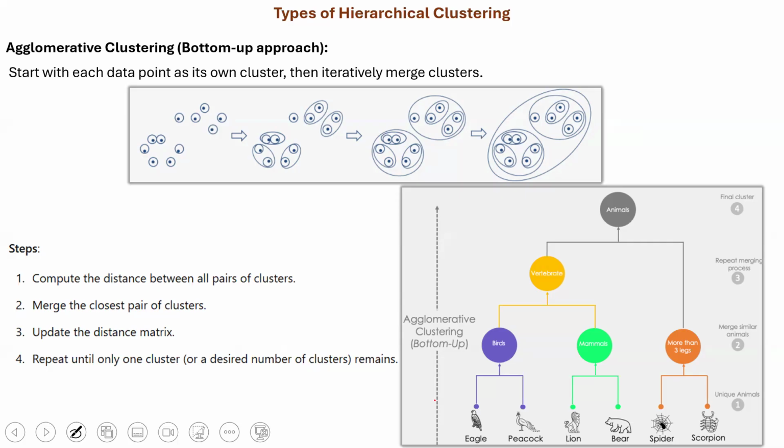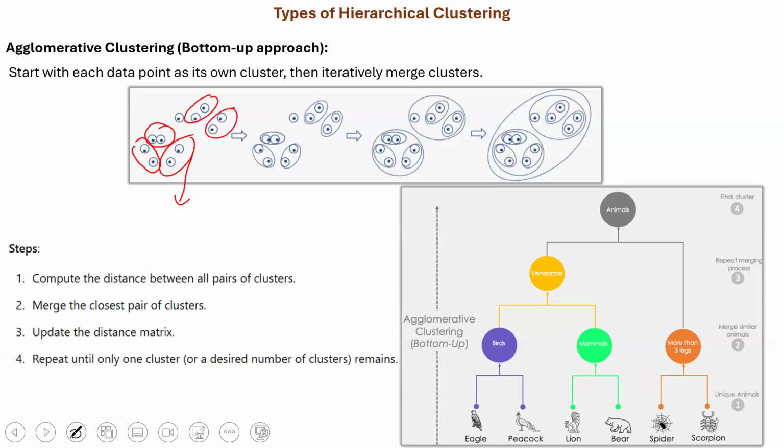Looking at this diagram, in the first step you treat every point as a single cluster, and then you combine the points which are close to each other into one cluster. These two points are formed into one cluster. In step 2, these two points are closer, so they form one cluster. These two are close to each other, so they form one cluster.